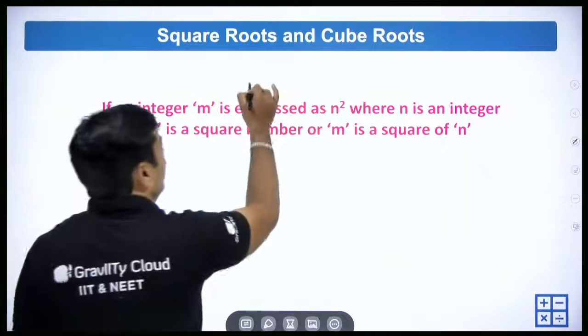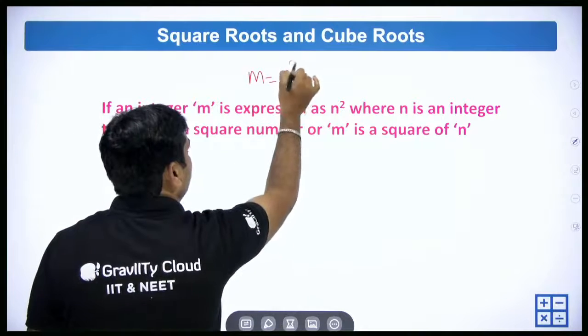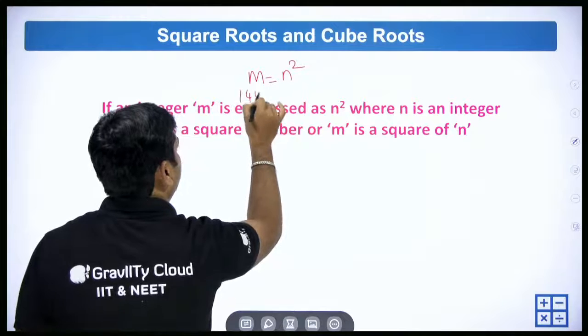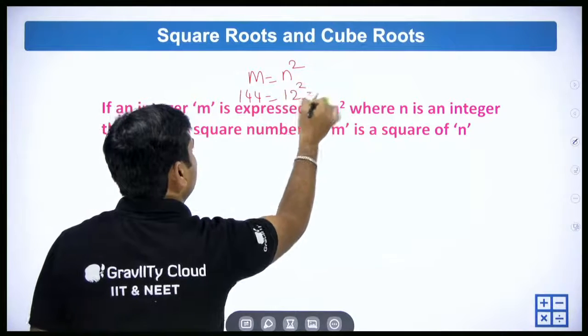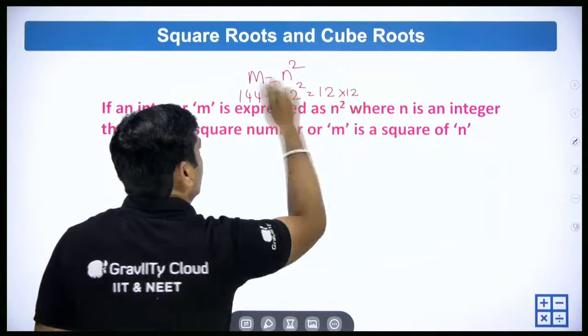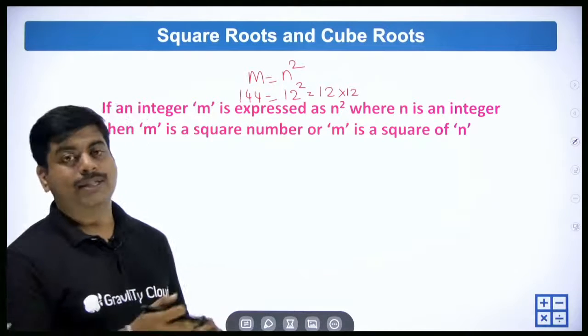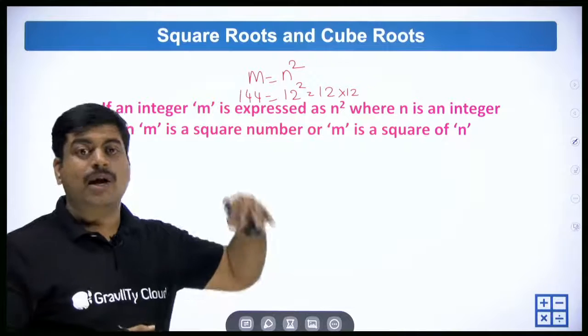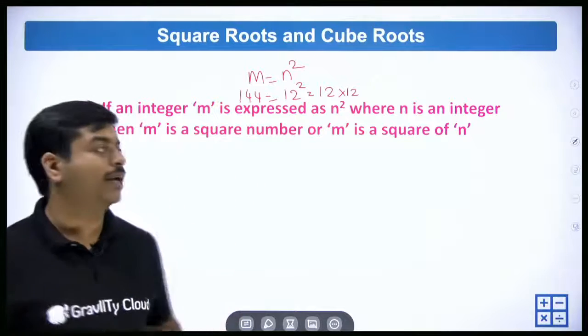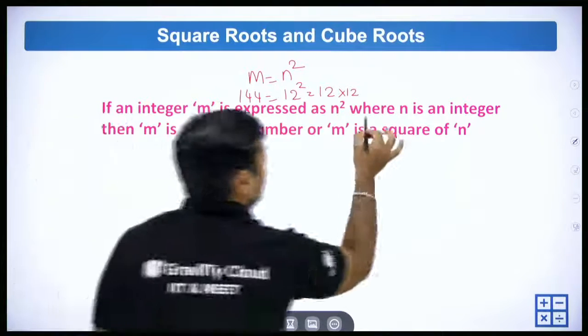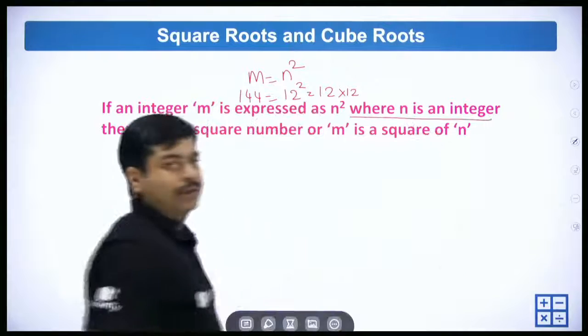If m can be expressed as n square, for example, 144 can be expressed as 12 square, which is actually 12 into 12. Right, 169, 13 into 13. In that way, we express m as n square, where n is again an integer. We need to understand that n is an integer.